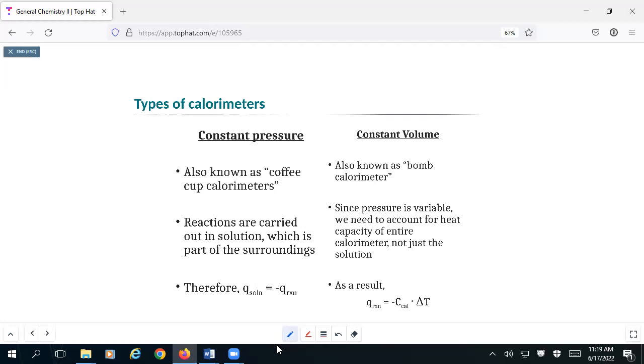And since that solution is part of the surroundings, we can easily convert it as equal and opposite to the heat of reaction. And the heat of the reaction is related to the enthalpy change. All that we need to do is add that molar term to turn the heat we observe in our experiment to an enthalpy value for the reaction.